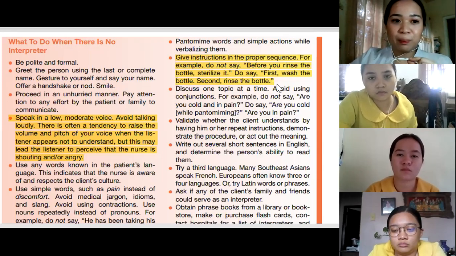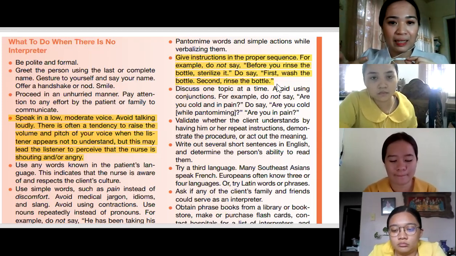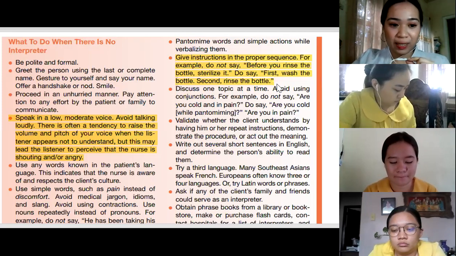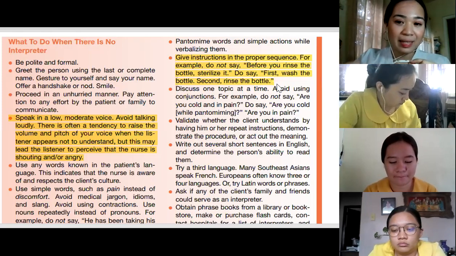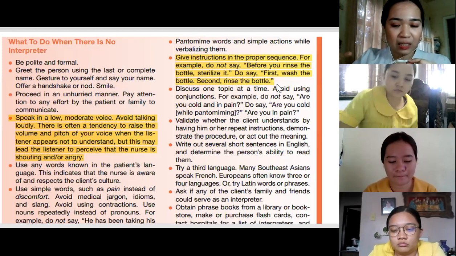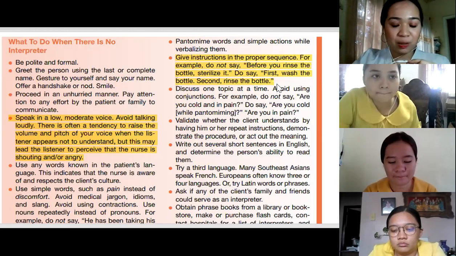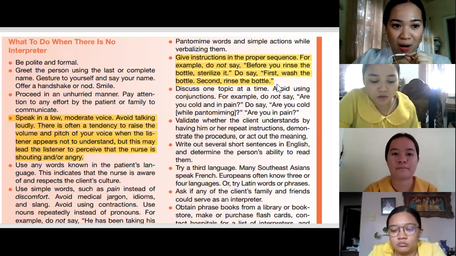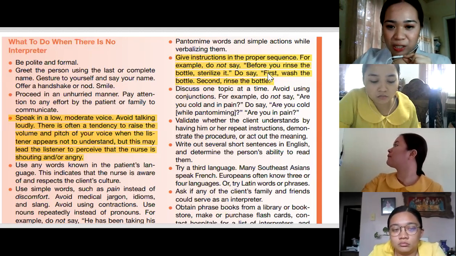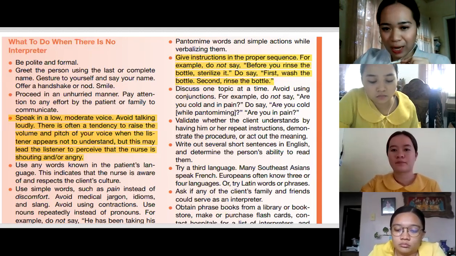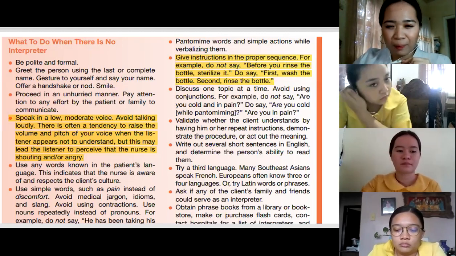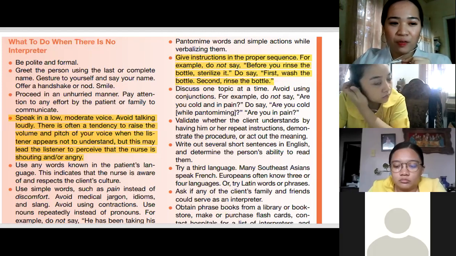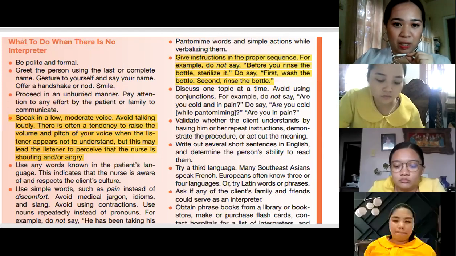For example, napunta ka sa isang lugar na hindi naman sila lahat doon ay educated as you are. Hindi sila lahat nakatungtong ng college, hindi lahat sila marunong mag-English or nakakaintindi ng English. Mas maganda ang instructions mo ay one by one. Gets? So, first and then second. Yun ang ating practical suggestions for when you do not have an interpreter.